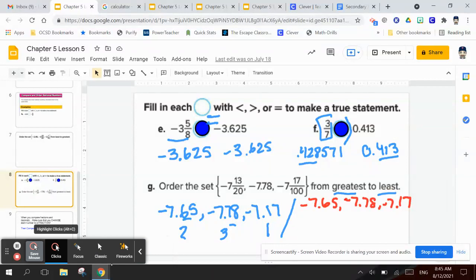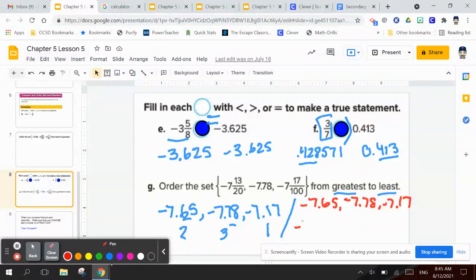Just checking to see if you guys are paying attention today. Our first one is negative 7 and 17/100. Our next one was negative 7.65, which was negative 7 and 13/20. And the last one is negative 7 and 7/8.